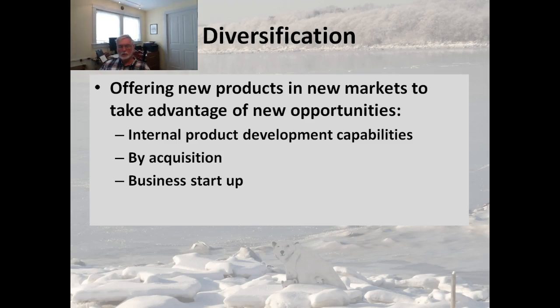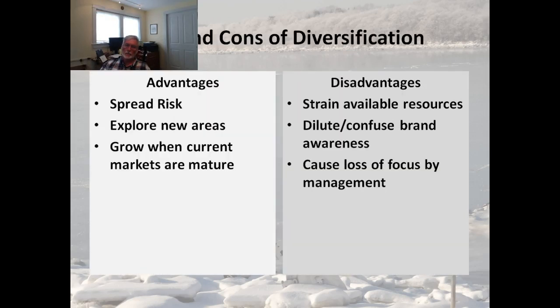They realized in the downturn in 2008, 2009 that it was a risky business for them to be in, and they have decided to leave it, and they're selling off all of their financial assets, which are banks and lenders and so forth. So diversification can take place either by developing unrelated product internally, by acquiring product, or starting up new businesses. So all of those ways are ways to diversify.